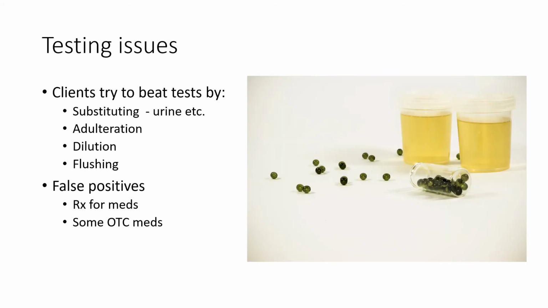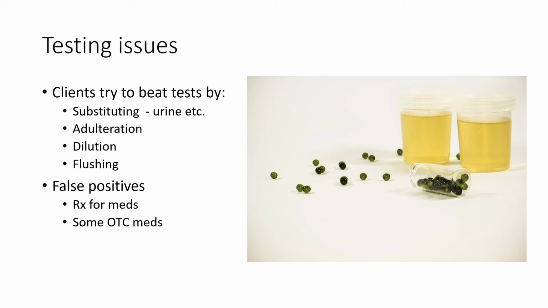Some other testing issues. Clients will try to beat the test by substituting. They may grab a container when you're not looking, take it home and have some family member fill it for them, warm it in the microwave and bring it in and try to switch it for another clean container. Another way they try to beat a test is by adulterating, adding some substance to the container that will alter the test results.